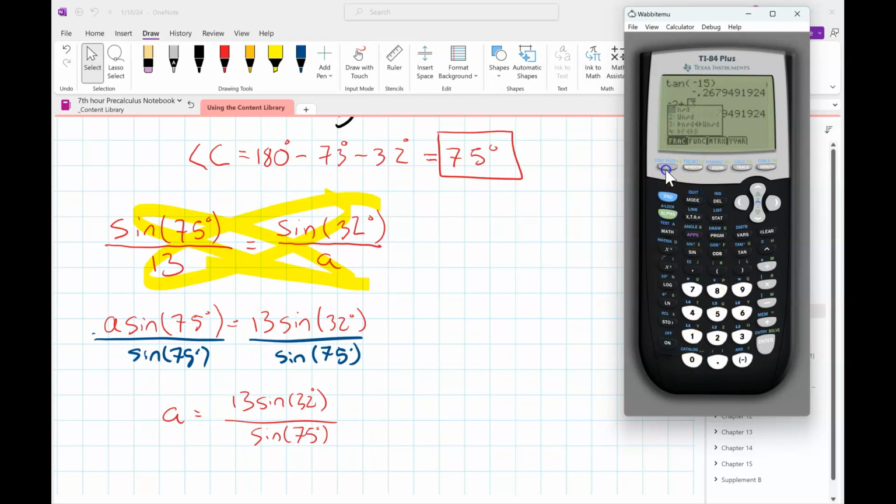So I'm going to do alpha y equals and choose the first option to make that fraction bar on my calculator. Now I can type in my equation just like it looks on my sheet of paper. So 13 times sine 32 divided by sine 75. If I press enter, I get 7.13.